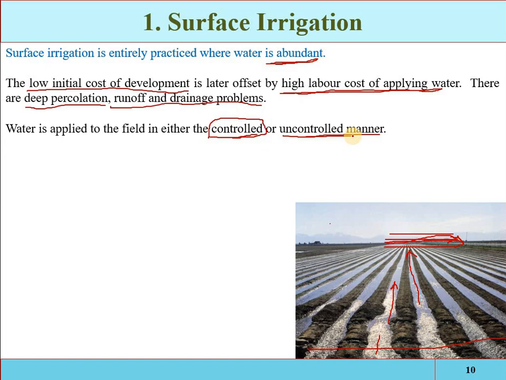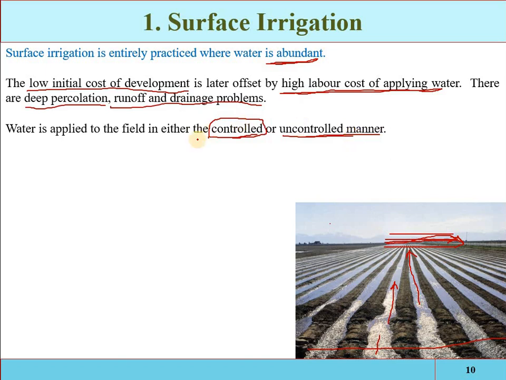In this method, water is spread or flooded on a rather smooth flat land without much control or land preparation. So it is a wasteful use of water, and it is practiced in those areas where irrigation water is abundantly and inexpensively available.